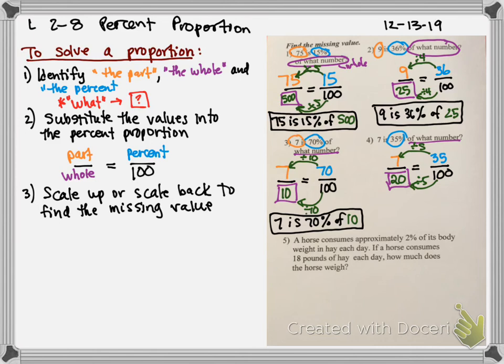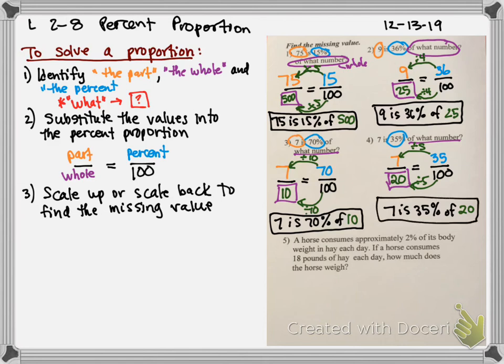So if I simplify 35/100, I would get 7/20. That's all we're really doing. So we've got 7 is 35% of 20. All right, we got one more, and then finito.